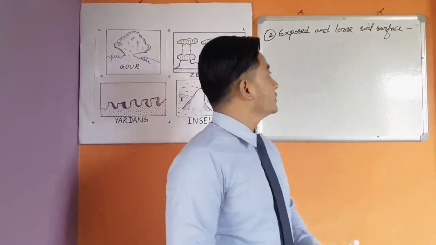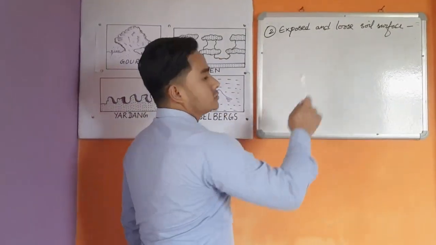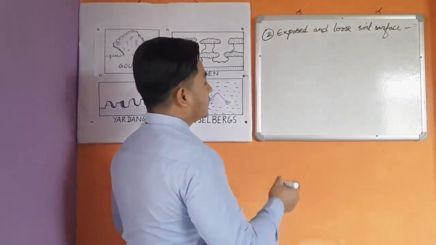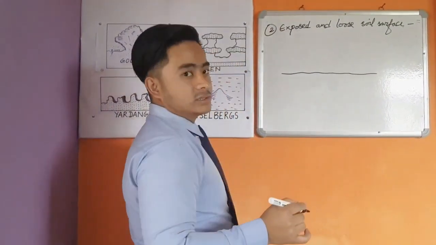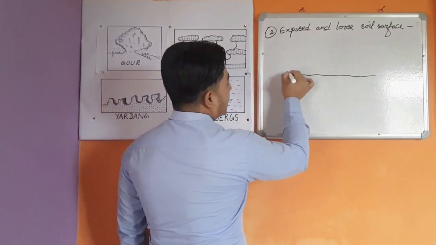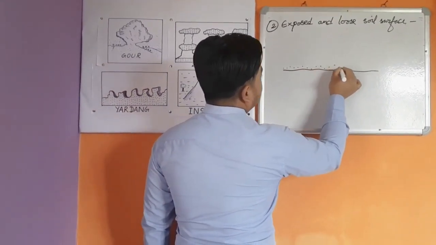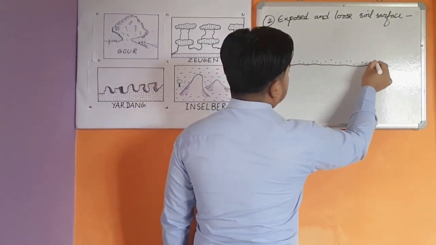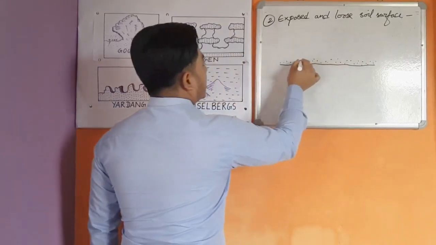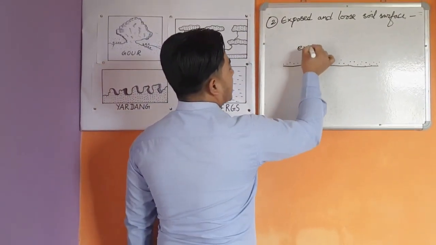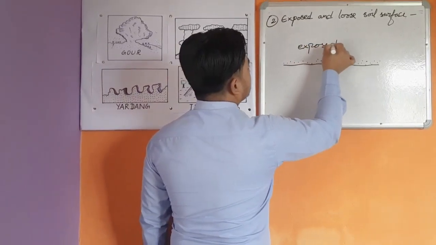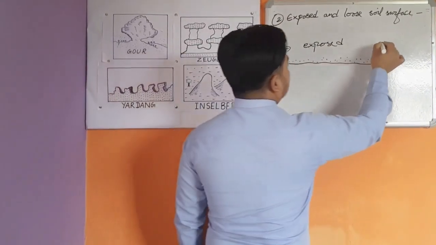The second cause is exposed and loose soil surface. For example, desert areas are filled with sand and dust particles. And these sand and dust particles are exposed to the direction of the wind.